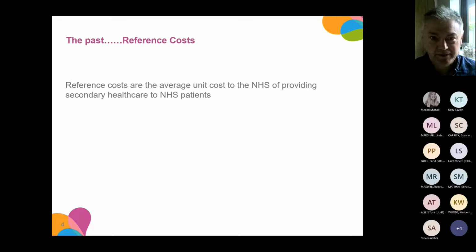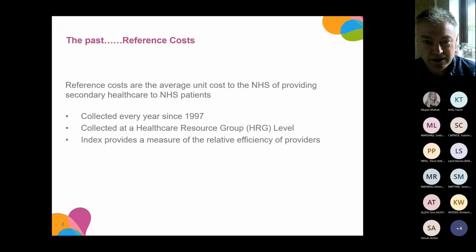So in the past, there was something called reference costs. Reference costs were the average unit cost of providing secondary care to NHS patients. They've been collected every year since 1997. They're collected at what's called a healthcare resource group level, HRG. An HRG is basically like an algorithm.